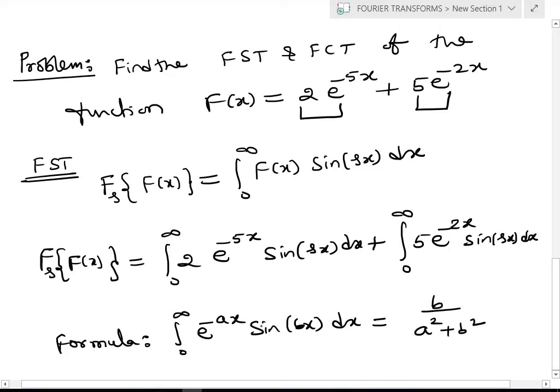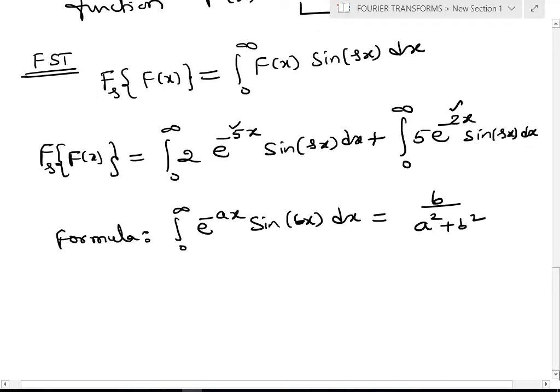Here in place of a, we have 5 in one term and 2 in the other, and in place of b, s is there.